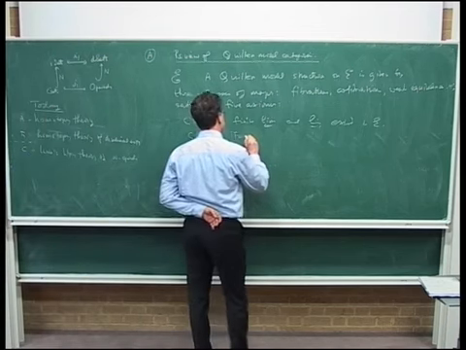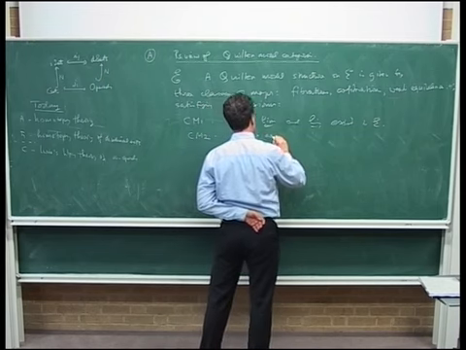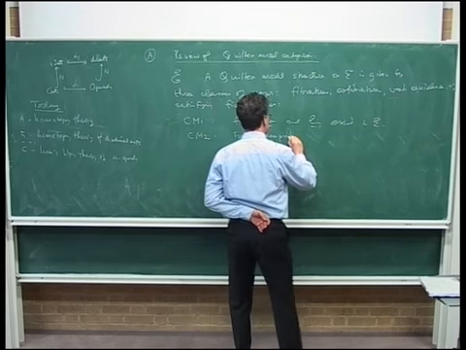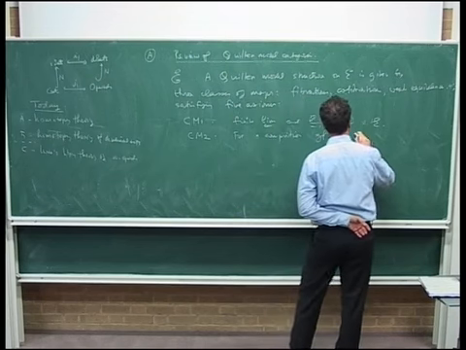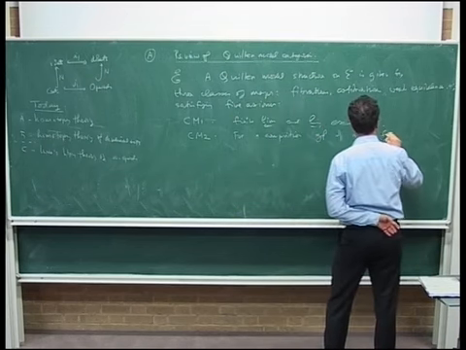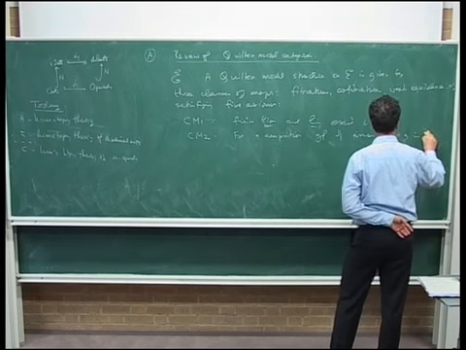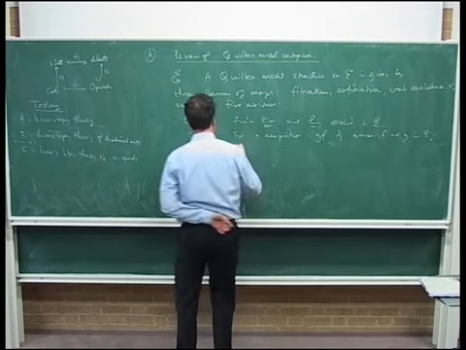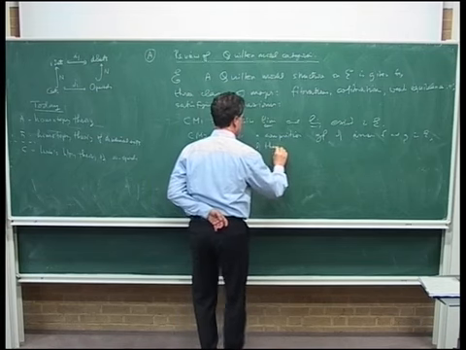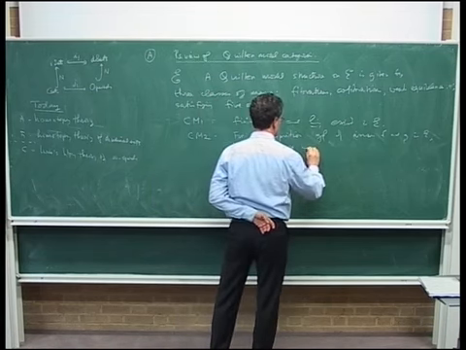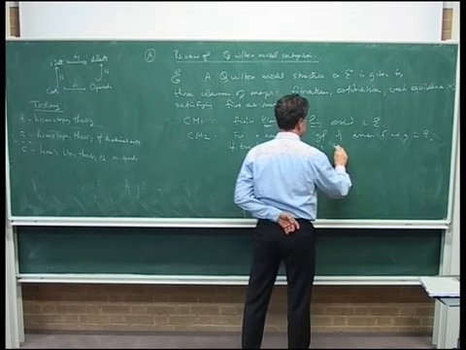So for a composition G composed with F of arrows F and G in E, if two of these are weak equivalences, then so is the third.